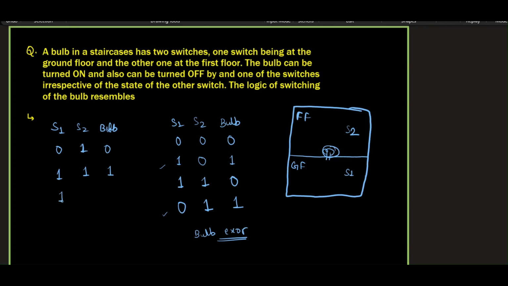Then I went from the ground floor to the first floor and pressed switch two. I saw that it is in the on condition. Let me put it in the off condition. What will happen? This case will get reversed, so I will be getting zero here. Then if I came to the ground floor and pushed S1 to the off condition, this will become one again.